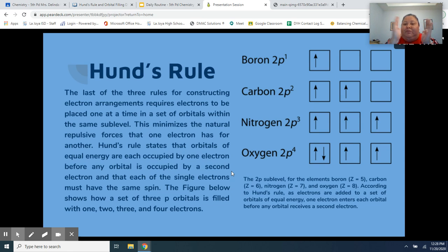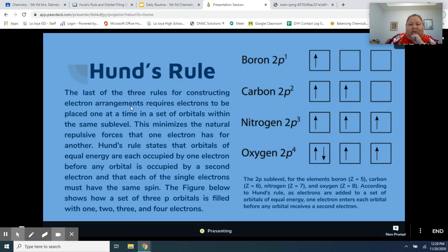Anytime you are distributing electrons, it requires electrons to be placed one at a time in a set of orbitals. You have a picture that goes with that. You have here these 4 elements that all fall into the 2p orbital.